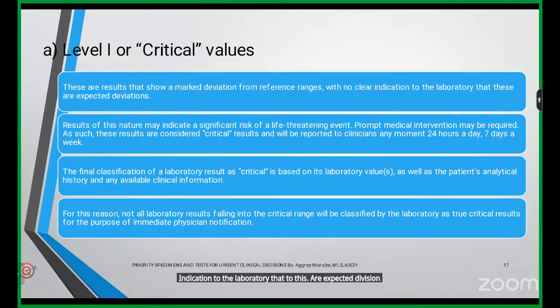We should be very keen and attentive to certain details to work efficiently in patient safety. For this reason, not all lab results that fall into the critical range will be classified by the lab as true critical results for the purpose of immediate physician notification.